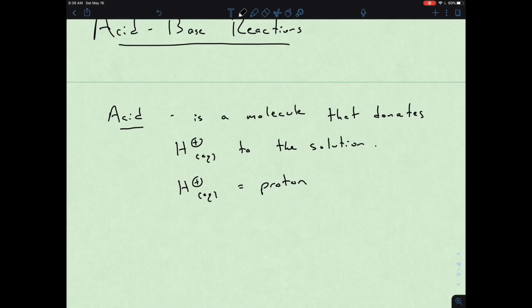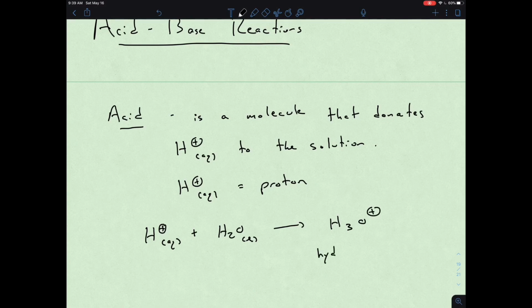Another way to write protons, and I'm not going to highlight this too much in this particular module, is that when a proton goes into solution, it actually reacts with water to make what's known as the hydronium ion.